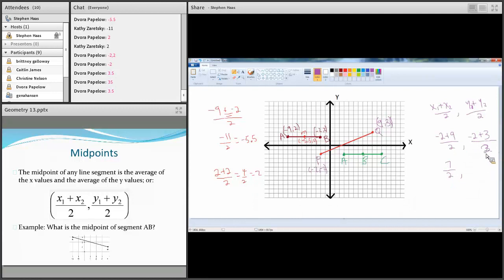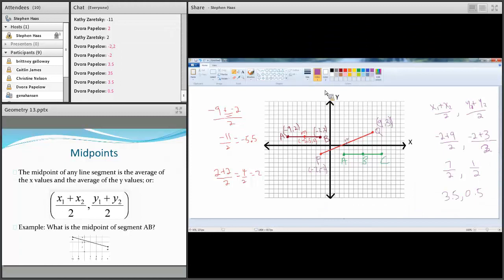This should be 2, not 3. That should be 1 over 2. Right, exactly. And 7 over 2 is 3.5, and 1 over 2 is 0.5. So our midpoint is 3.5 and 0.5, which is right out over there.